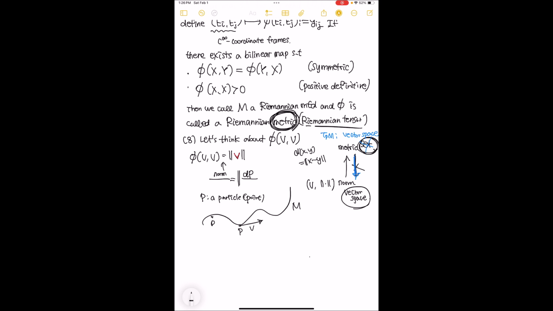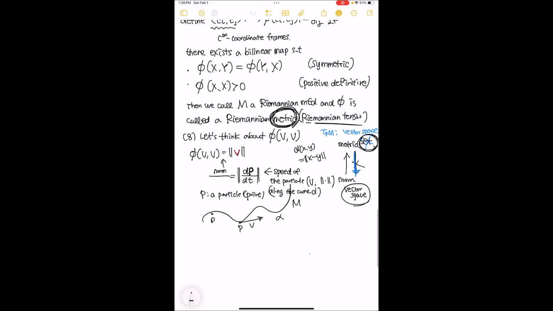So that corresponds to the speed of the particle along the curve. If a curve alpha exists, and point P, the particle, depends on the time t, so that differential is well defined.